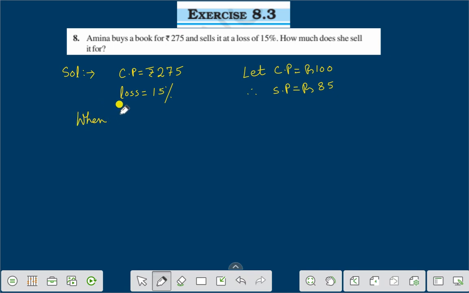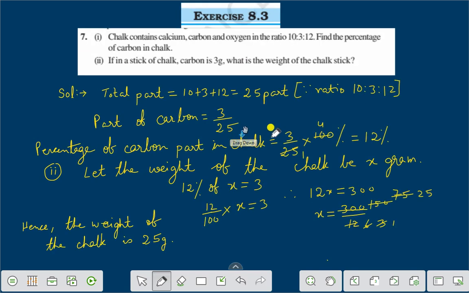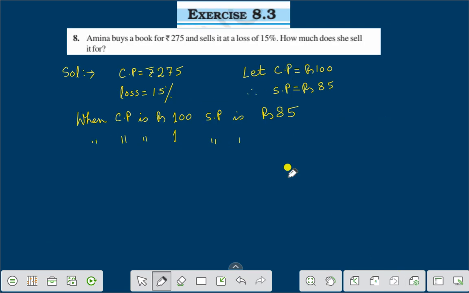When cost price is rupees 100, selling price is rupees 85. When cost price is rupees 1, selling price is rupees 85 by 100.